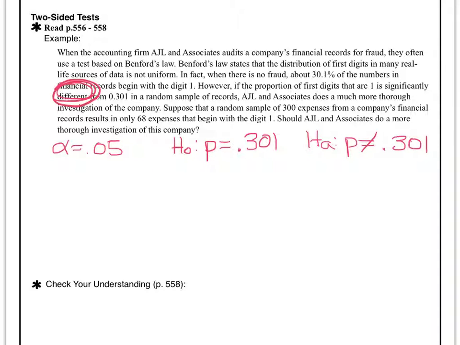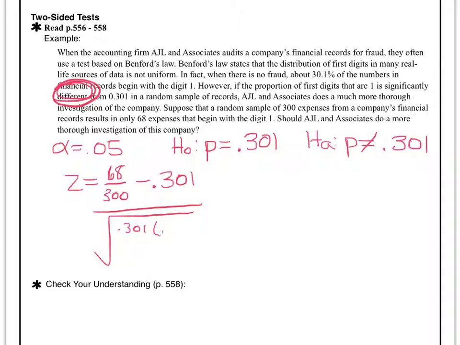And we're going to go straight to how this is different. Okay, this is the only way this is different. If this is a two-sided test, I'm going to calculate the z like normal. So 68 out of 300 minus 0.301 over the square root of 0.301 times 0.699 over 300.